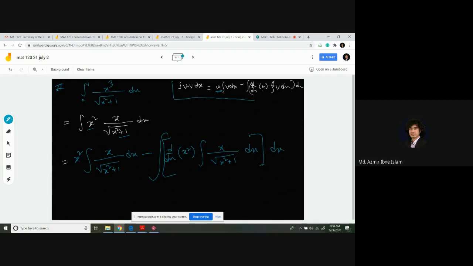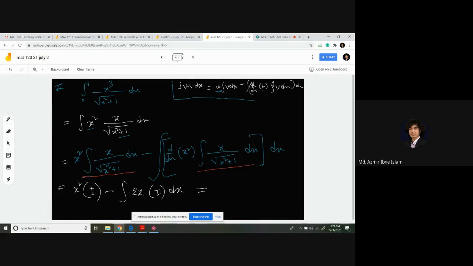Yes, sir. Okay, so what we are getting here: x squared. First of all, you can see we have a complicated integral, and here we have another, the same one. So we can think about it this way: we can consider this one as integral I. Negative differentiation of x squared is 2x, times the same I, dx.